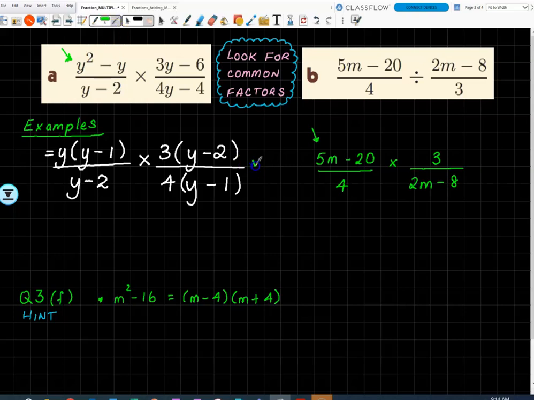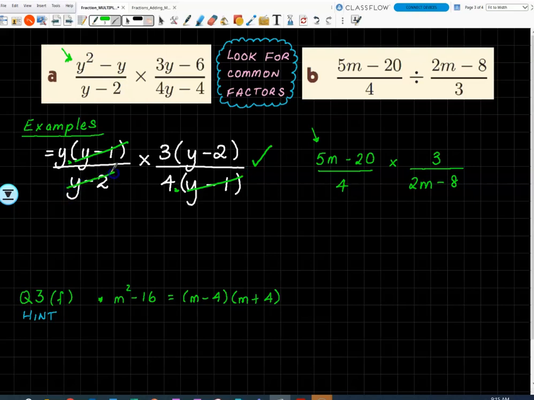Okay, excellent. We haven't finished, because now we ask, can we cancel any fractions up and down or diagonally? I can definitely see a y take 1. And because that's a whole factor and there's a times in between, I'm allowed to cancel. Is there anything else I can cancel?